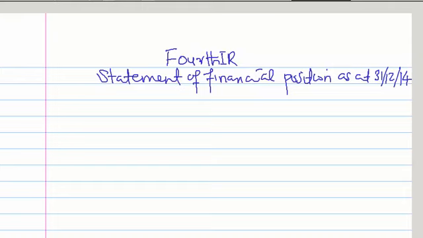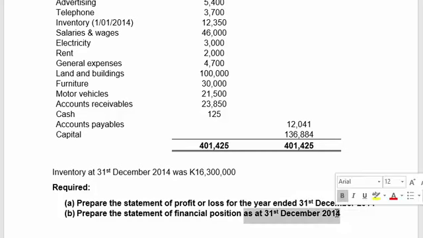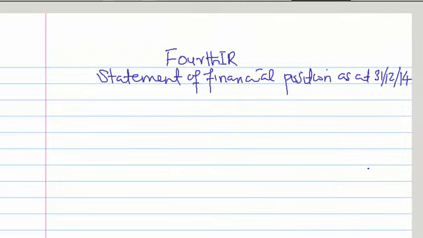So it's 4th IR and we're preparing a statement of financial position as at 31st December 2014. Pay attention to the wording there. A statement of profit and loss is prepared for the year ending, while a statement of financial position is prepared as at. So let's get back to our statement and try and prepare it.